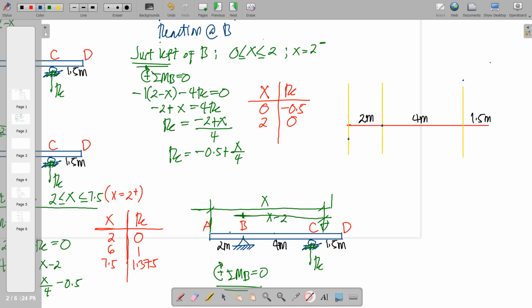Remember, your influence line should be a straight line, connecting your values. So it is a straight line, it wouldn't be a curve here.